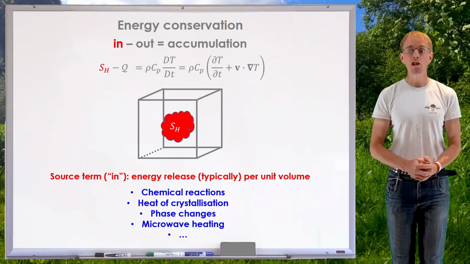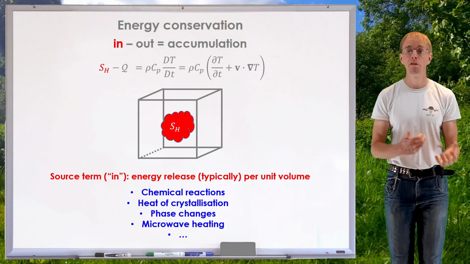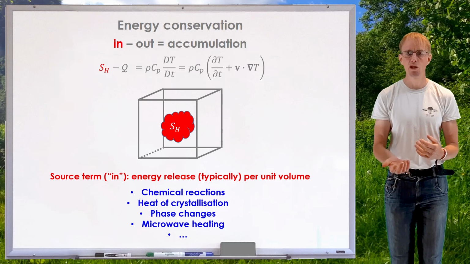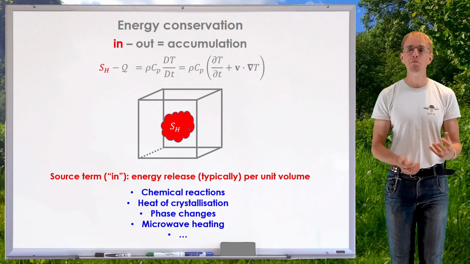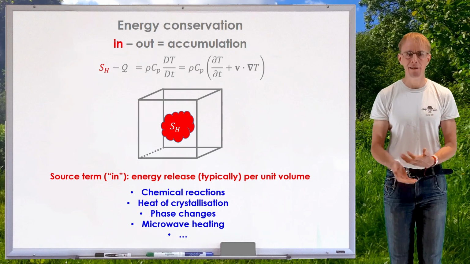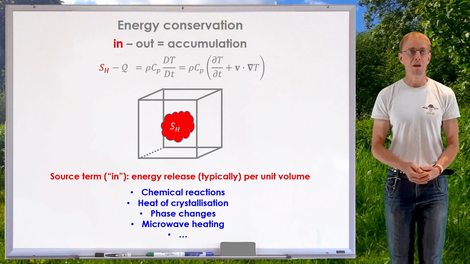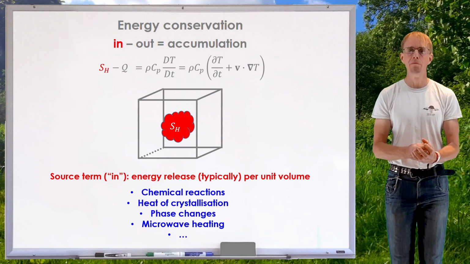Specific to polymerization and polymer processing, we might have a heat of crystallization, either positive or negative, depending whether there's formation or destruction. We could have phase change. We've seen from our extrusion line, things melt. That's a latent heat involved. Things solidify. There's a latent heat involved. We might have another means of generating heat within a unit volume.